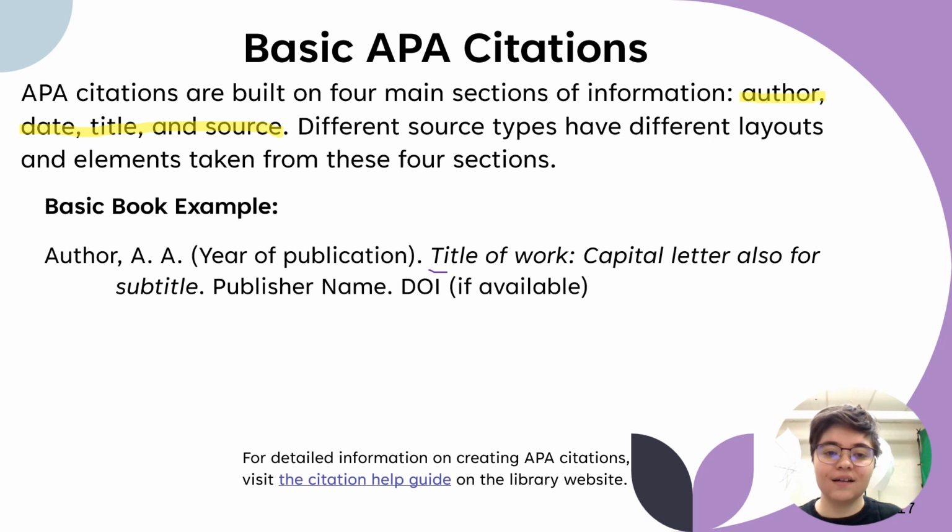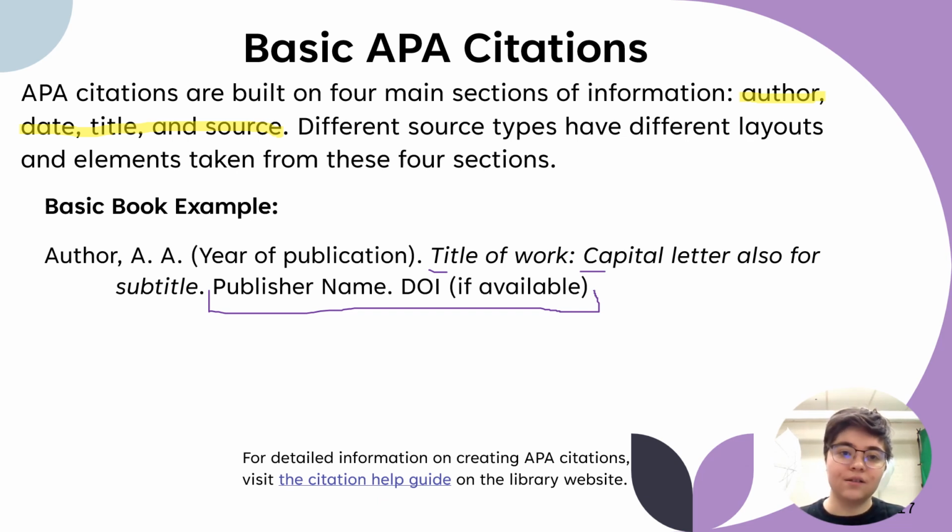Only the first letter of that title should be capitalized, unless you have a subtitle, in which case that first letter of the subtitle can also be capitalized. The source elements for a book are the publisher's name and a digital object identifier. That's a tongue twister right there, if one exists.